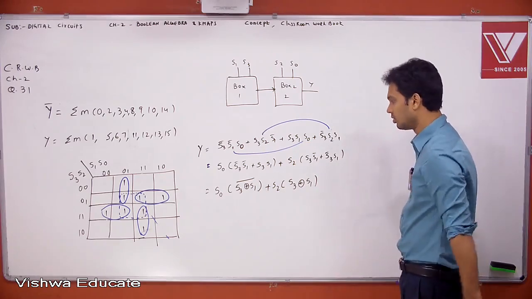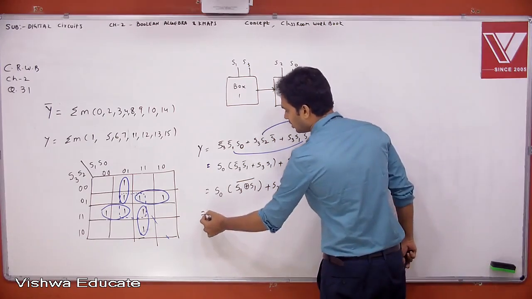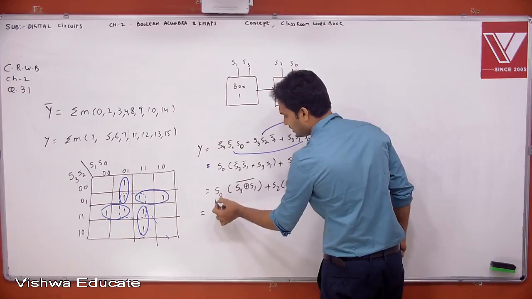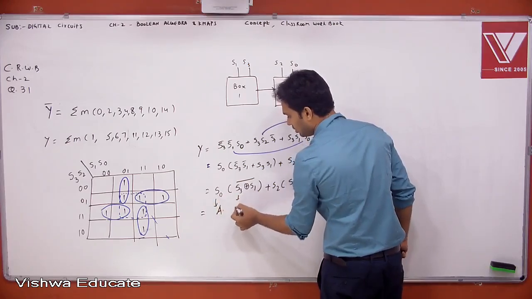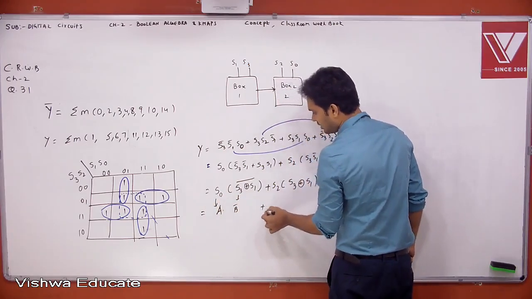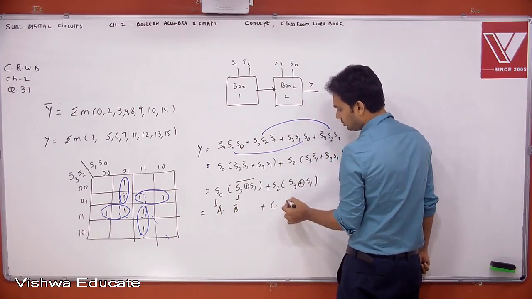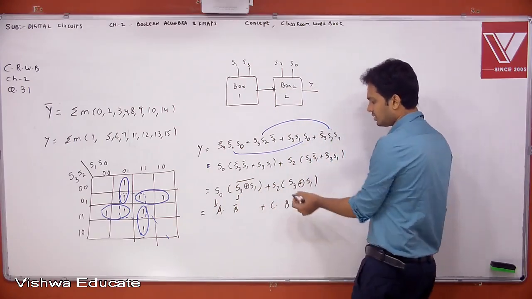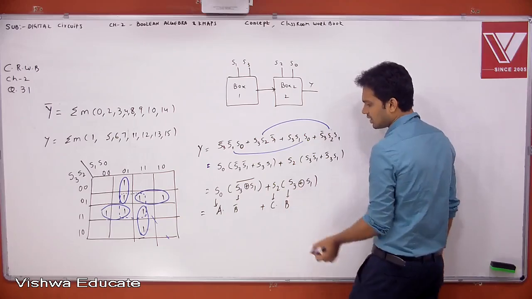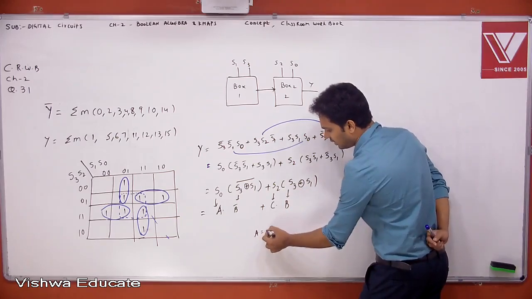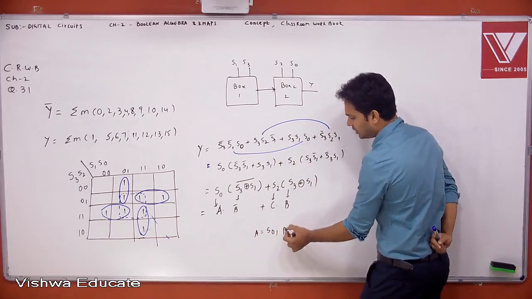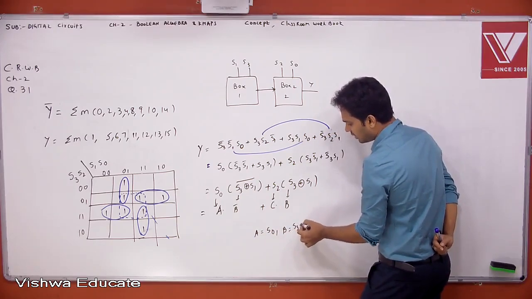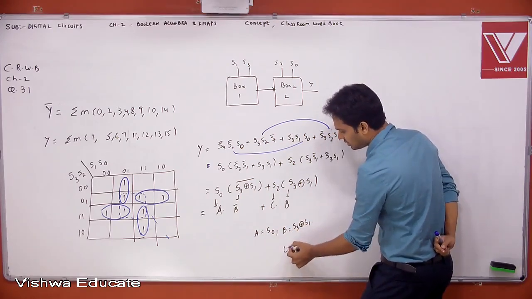Okay, so here you can write it in the form of A into B bar plus C into B, for easy understanding. Is it clear? Just for understanding purpose. So what is A here? S0. B here is S3 XOR with S1 and C is S2.